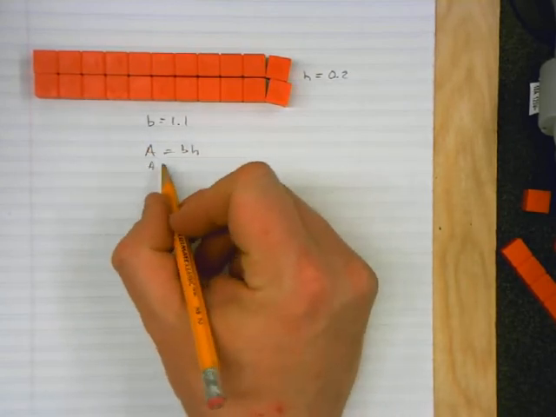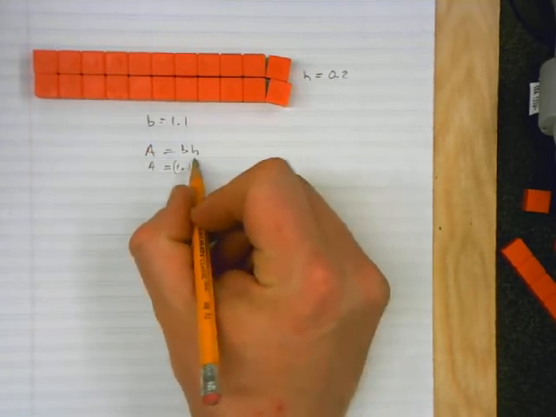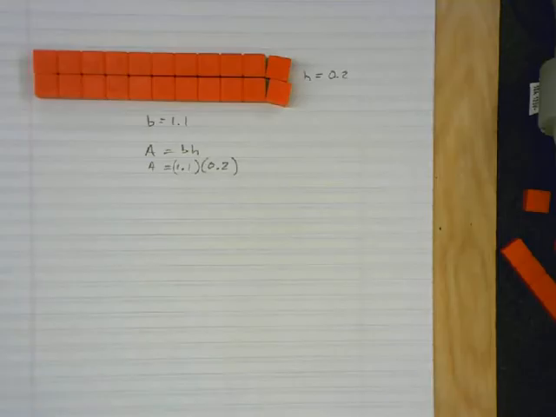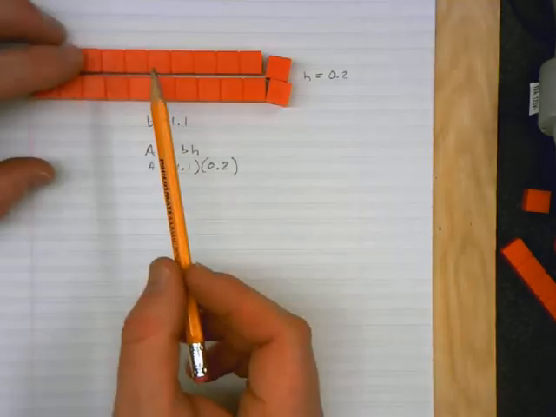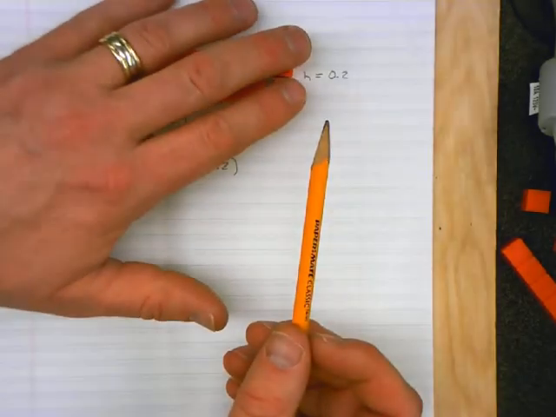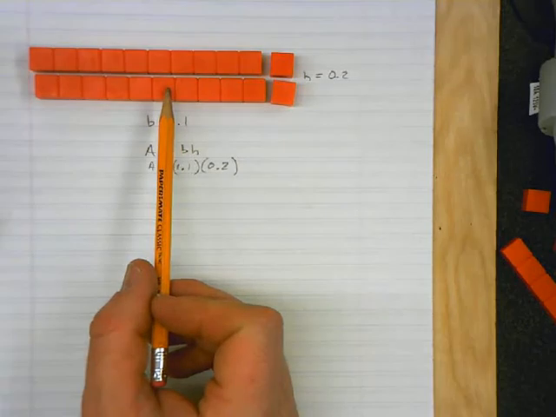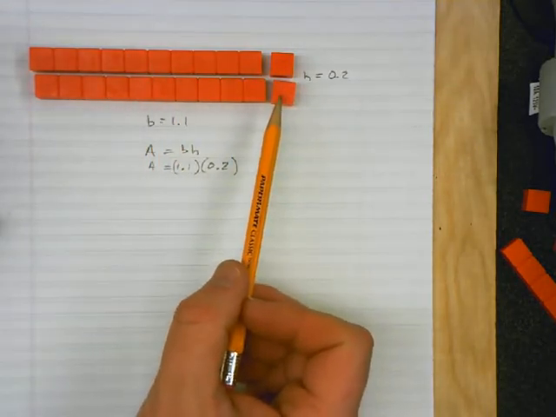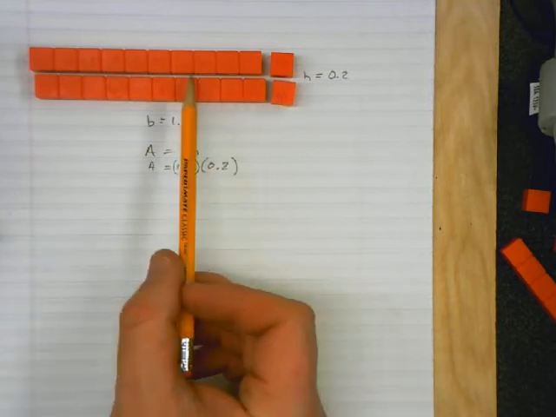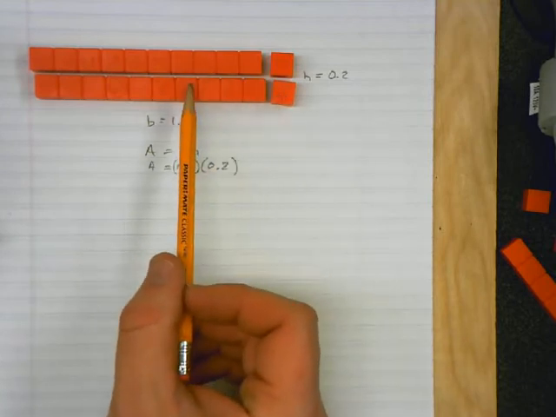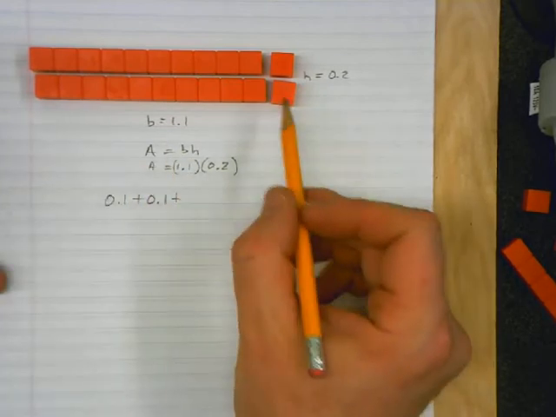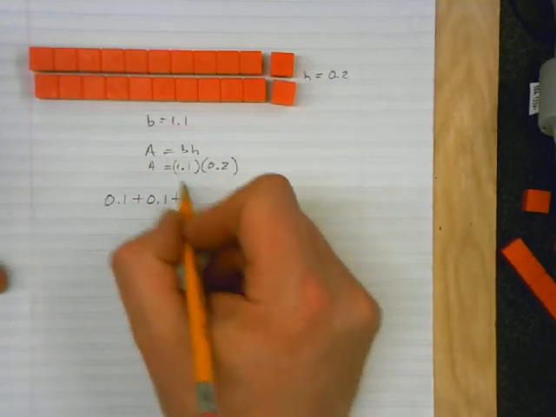What's the height? Remember that each cube has a base and a height of 0.1, so our height is 0.2 because we've got two of them. So now we have a multiplication problem. The area is equal to the base times the height, so that means the area is equal to 1.1 times 0.2. So when we multiply those together, all we're doing is taking the sum of these different parts. I'll separate them a little bit so you can see them.